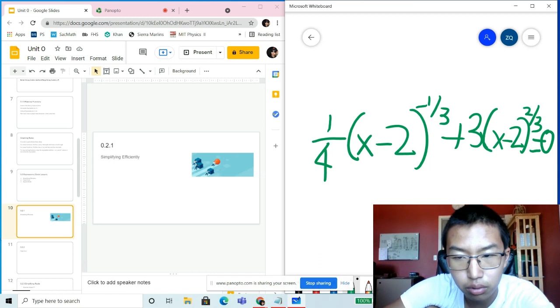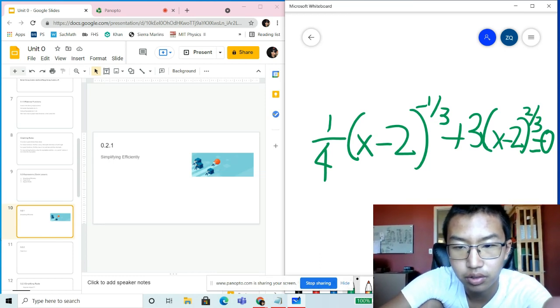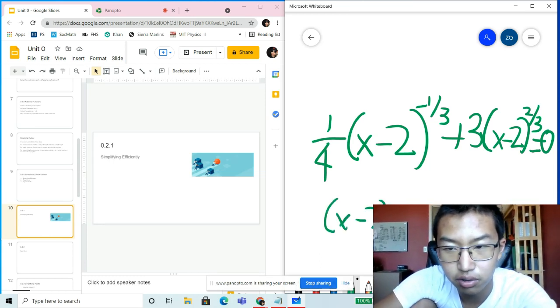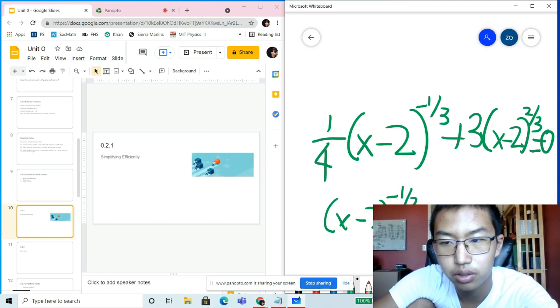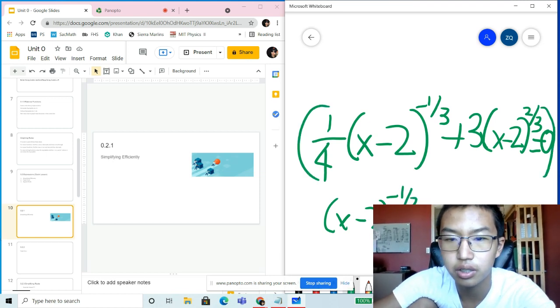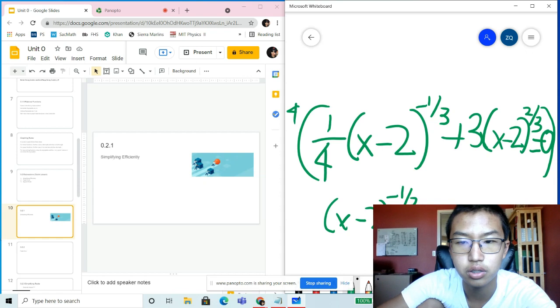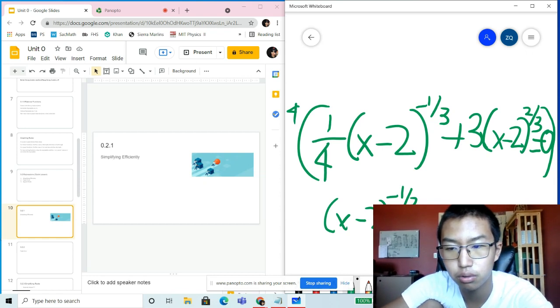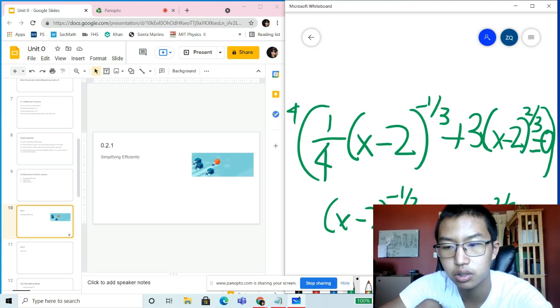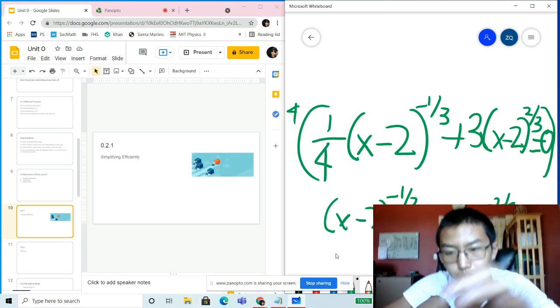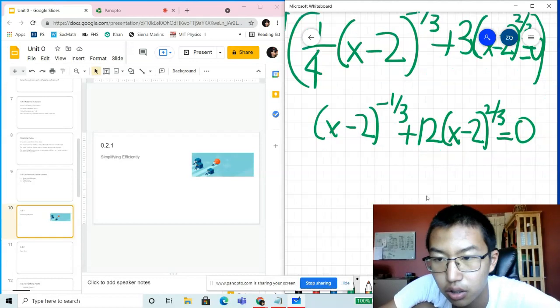So what we're going to do is x minus 2 to the negative 1/3. We're going to multiply everything by 4. So we get that plus 12 times x minus 2 to the 2/3 equals 0. I'm just putting an equation in for you to solve it.